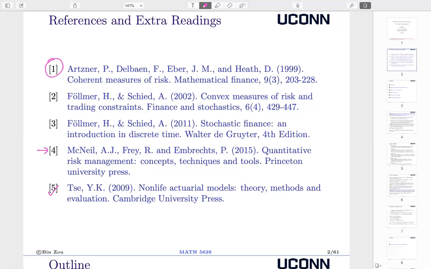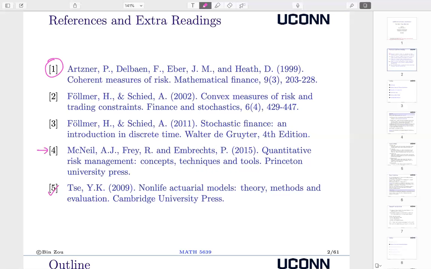This one is likely the most classical paper, at least from a mathematical point of view. It was published in Mathematical Finance in 1999. I think it has already generated citations over, I can't remember the number, maybe 8,000 or even more. That is a surprisingly high number for a mathematical finance paper.